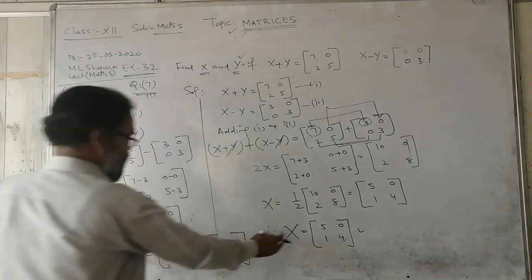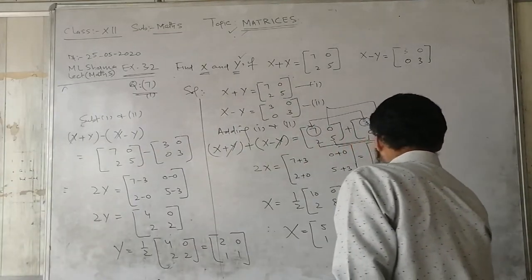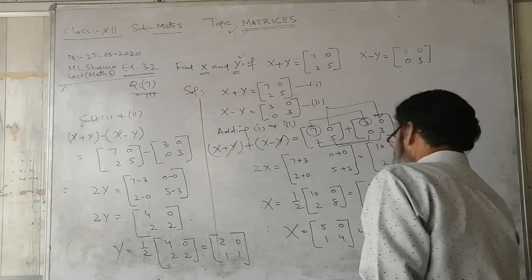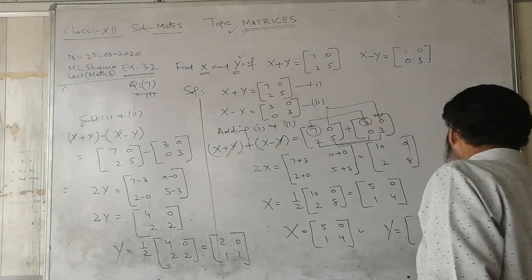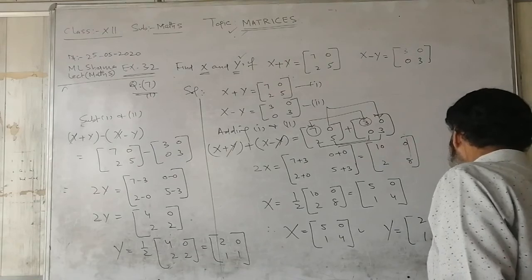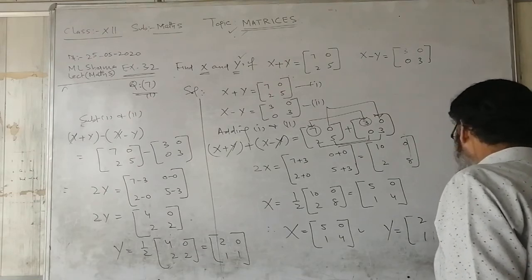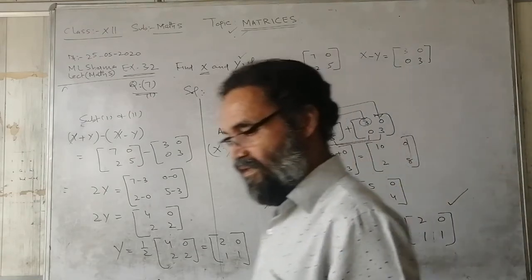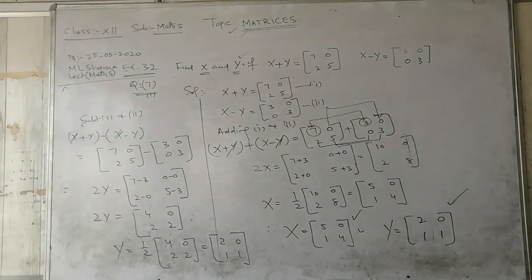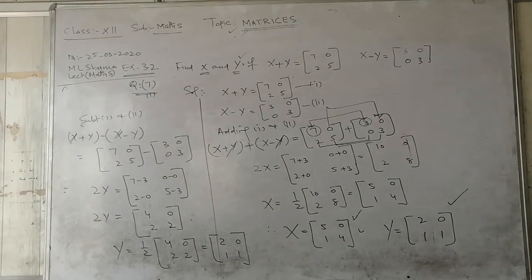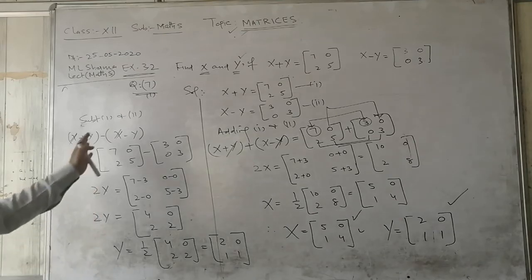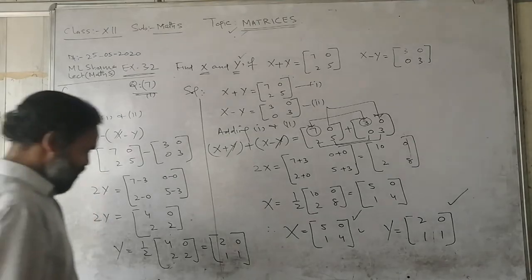So value of x is this, and value of y is equal to 2, 0, 1, 1. So in this way, the value of x and y can be found out. So if you want to note, you can note.